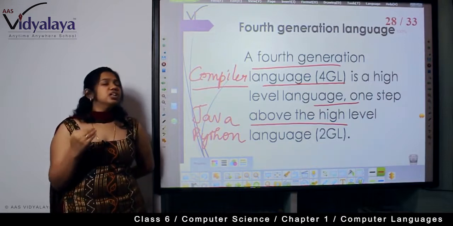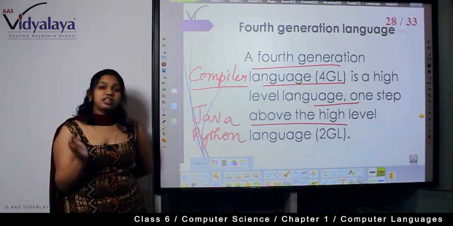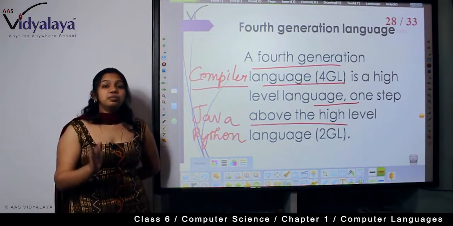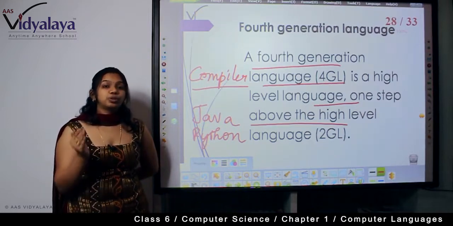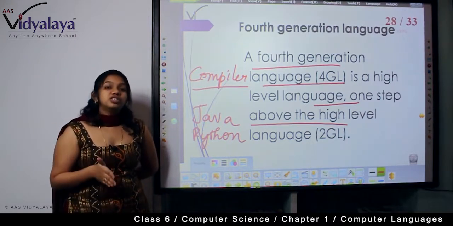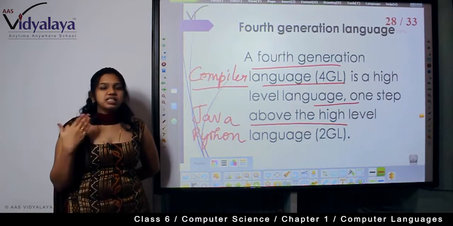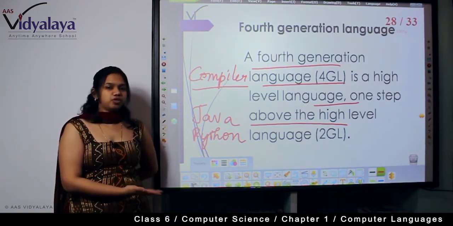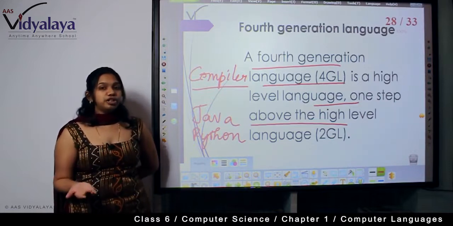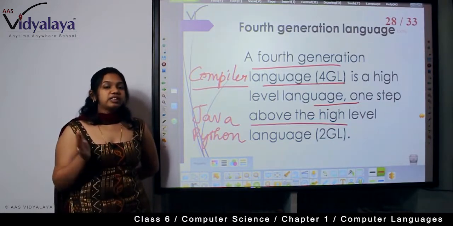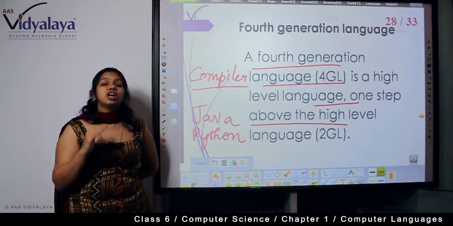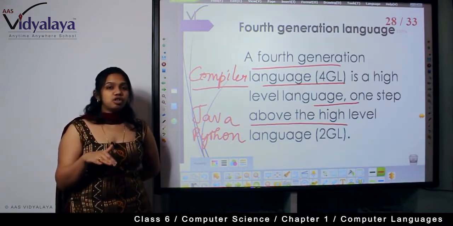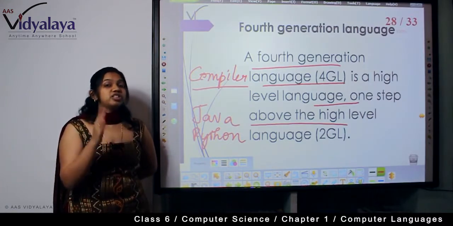Is that clear? These kinds of languages make it easier for fourth generation computers to understand. Third generation languages like C, C++, Fortran can also be handled by fourth generation computers. As I already told you, the 3GL, the third generation language, is not generation specific.